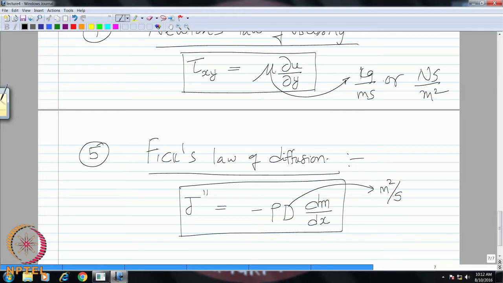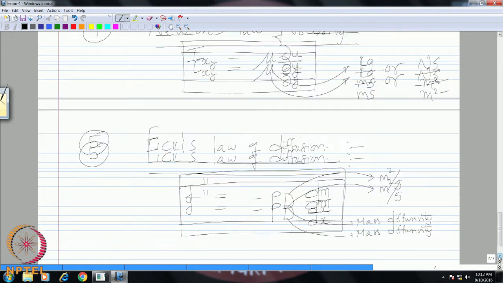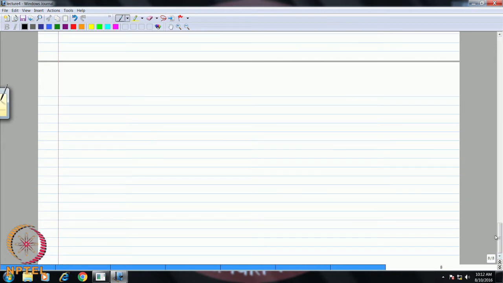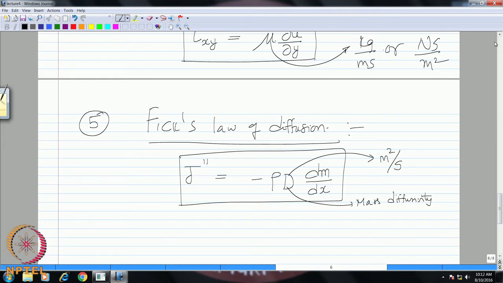So, this is your mass diffusivity. This is equivalent to your thermal diffusivity alpha, which also has the units of meter square per second. Okay. So, this is Fick's law of diffusion and also a very important closure required for the mass transport problems.